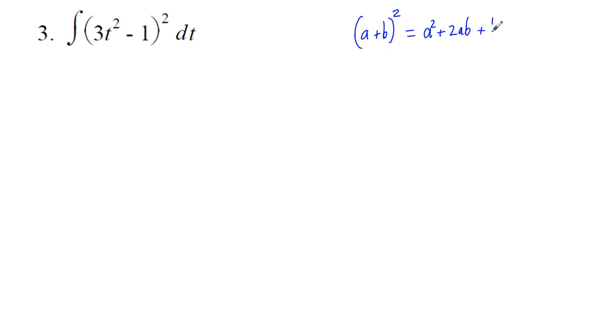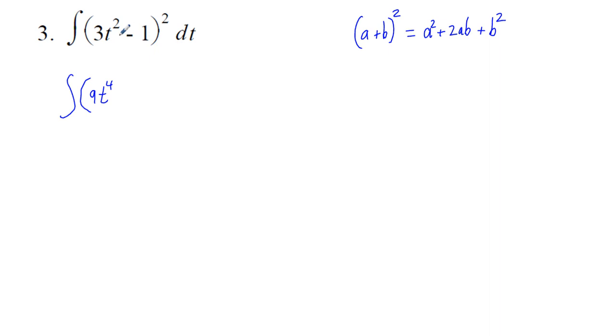plus b squared. So I'm going to use this format and just rewrite this integral, and in the place of a we have 3t squared, so that's going to be 9t to the 4th, and then we have plus 2ab. Well, what we're going to get is negative 1 times 3t squared, and that's going to be 2 of them.